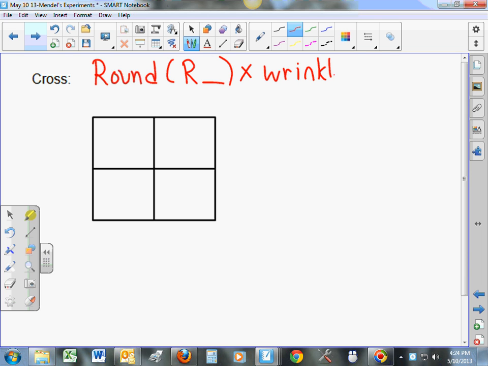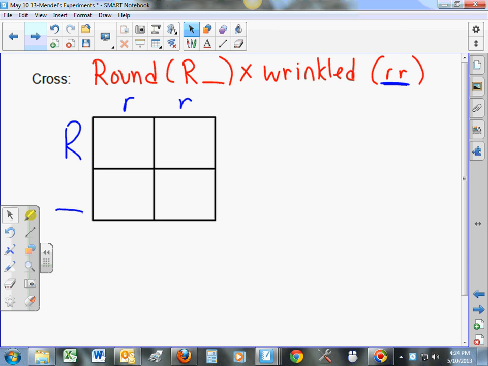And the reason that you have to cross it with a wrinkled one is because if you have a plant that shows the recessive form of the trait, in this case wrinkled, this is the only thing the genotype could be. It has to be little r, little r. So I'm going to write that here, and I'm going to write the round on the side there. Okay, I don't know what this is yet.